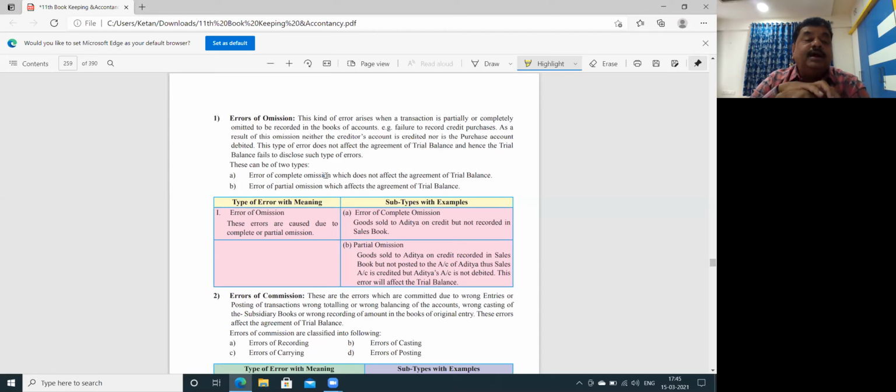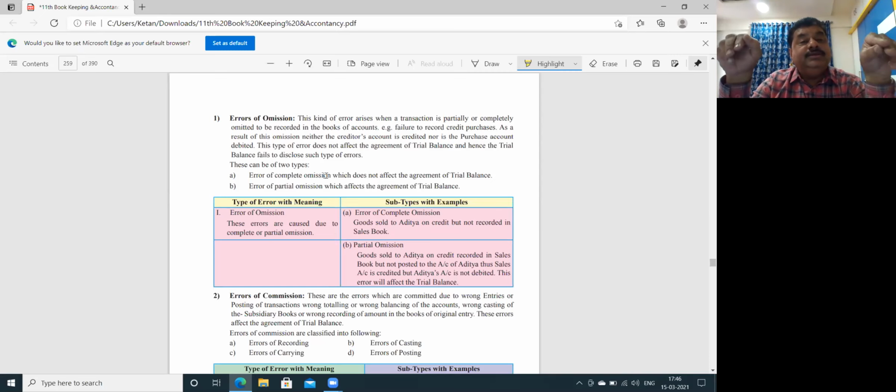Example. As a result of this omission, neither the creditor's account is credited nor the purchase account debited. Fully omitted. This type of error does not affect the agreement of trial balance, and hence trial balance fails to disclose such type of error. म्हणजे अशी एरर आपल्याला ट्रायल बॅलन्समुळे कळणार नाहीये. Which error can trial balance tell us?